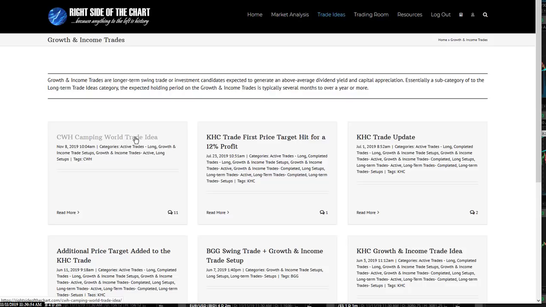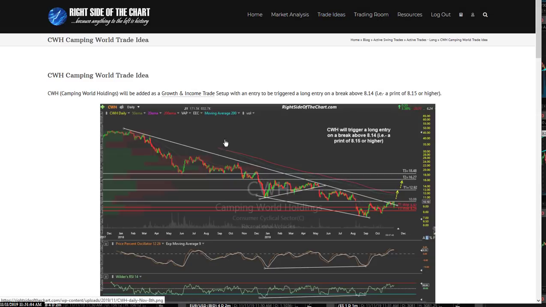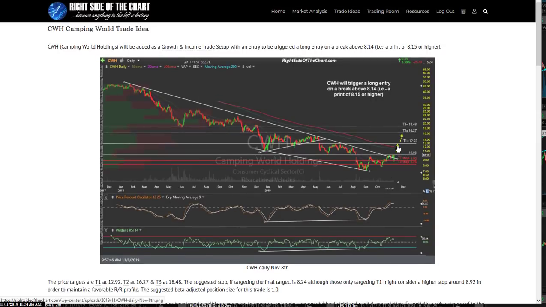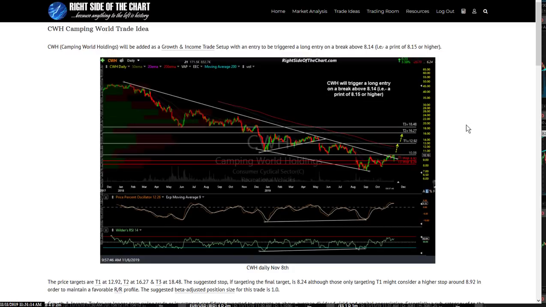So that one I added to the growth and income trade category. Now it's also a swing trade, because a lot of times I'll categorize multiple categories. A swing trader will take it, and then we might not care about the above average dividend yield. So that'll be in both categories.